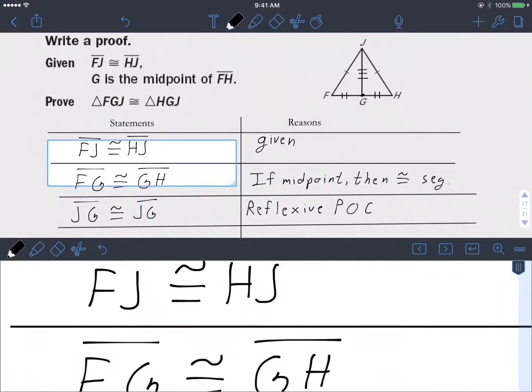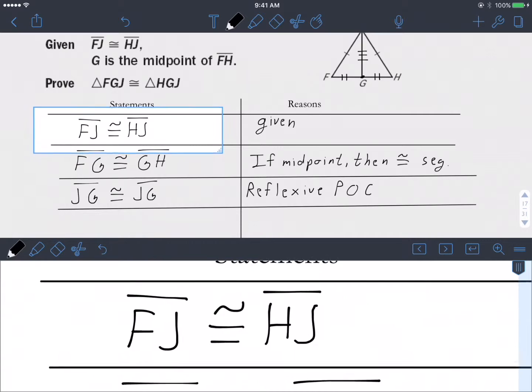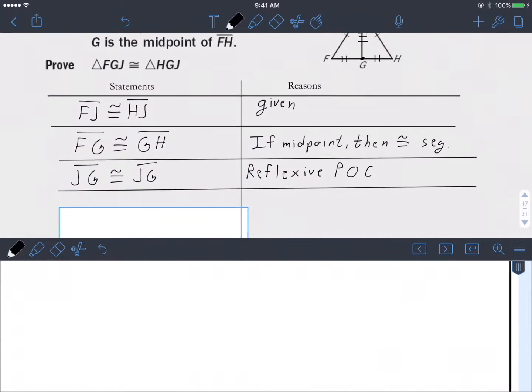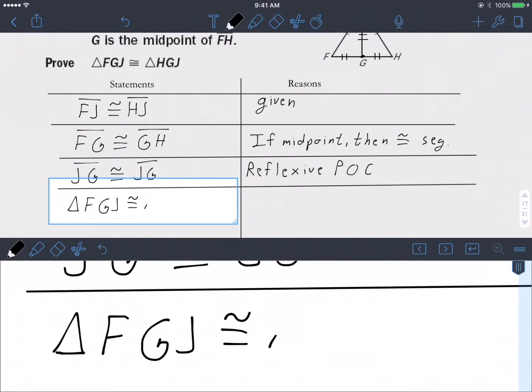Now, we've proven that three sides are congruent to each other from two different triangles. So now we can say that triangle FGJ is congruent to triangle HGJ.